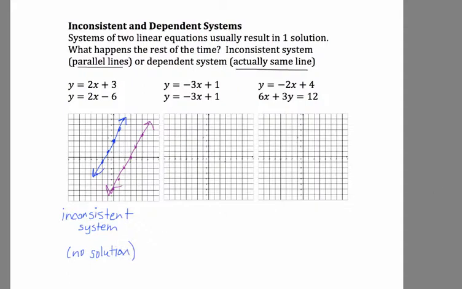The other thing that can happen is you can actually have two of the same line. So this system contains two of the exact same line.